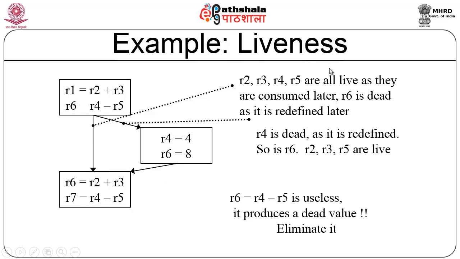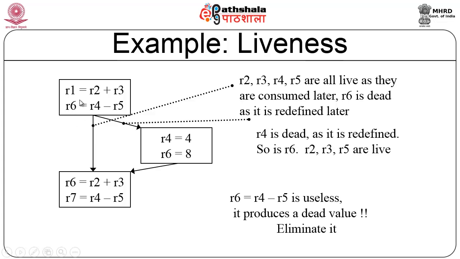Now the example for liveness is given here. R1 is equal to R2 plus R3 and R6 is equal to R4 minus R5. R4 is 4 in this path, R6 is 8 in this particular path, R6 is equal to R2 plus R3 and R7 is equal to R4 minus R5. Take this scenario. At this particular point, R2, R3, R4 and R5 are all live as they are consumed later, and R6 is dead as it is redefined later.